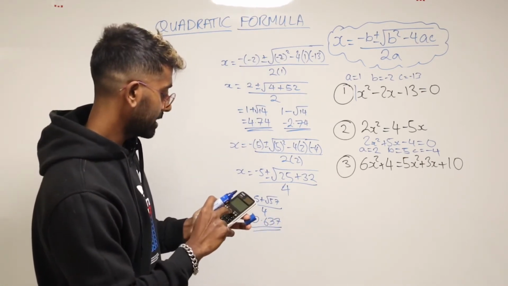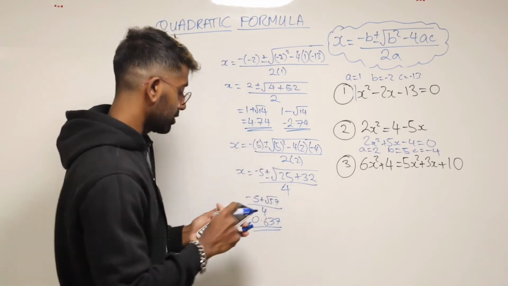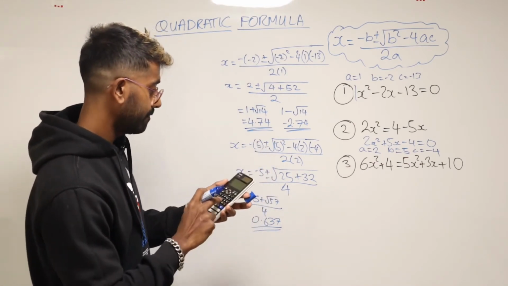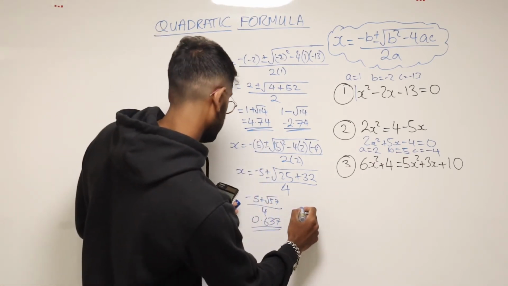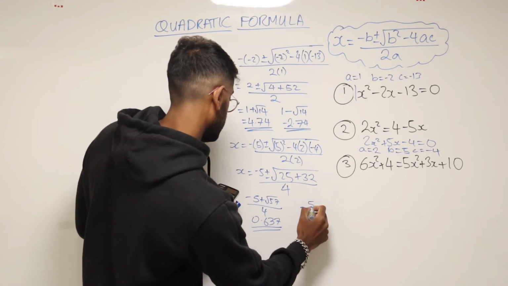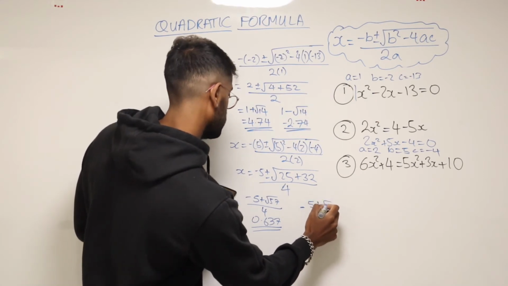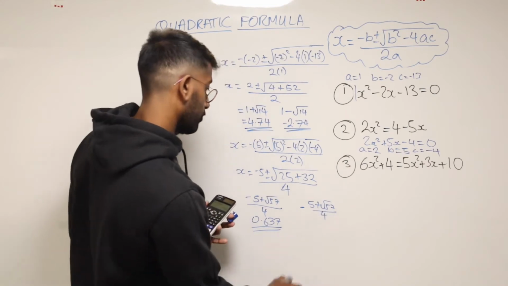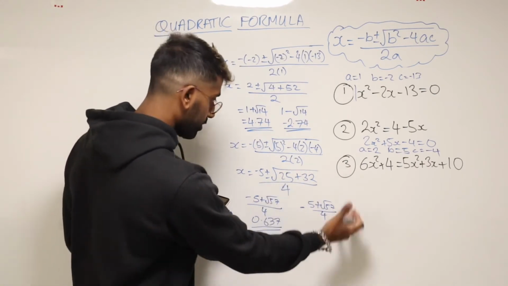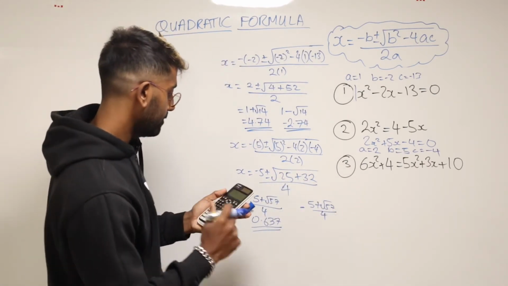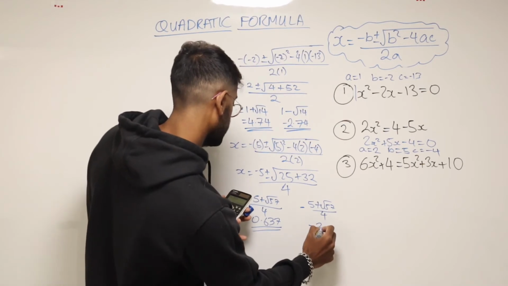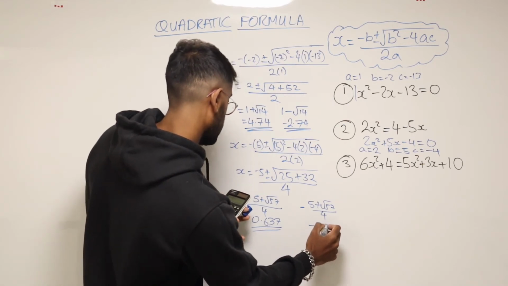Then what we'll do is type exactly the same thing in, but I'll use the minus version this time. That comes out as minus, and then 5 plus root 57 over 4. Notice the minus on the outside. The whole thing is negative there. And that becomes minus 3.14 to 3 significant figures.